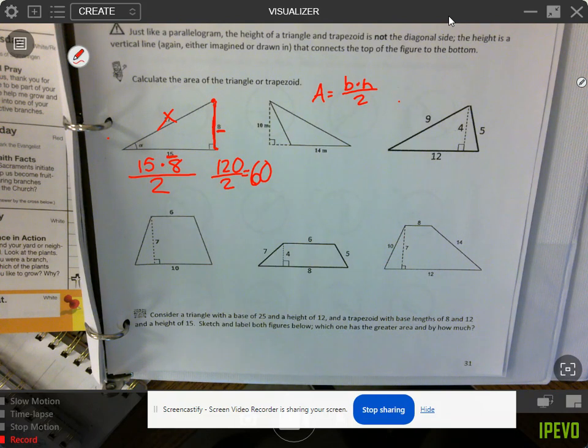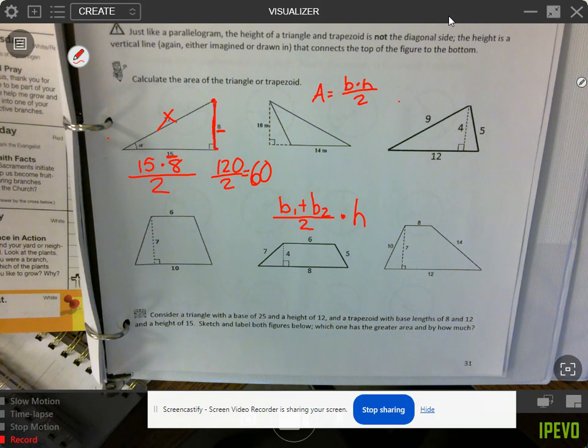The trapezoid. So what is my formula for finding a trapezoid area? Divided by 2, then we times it by the height. So just like up here, we have to multiply by that height, but we're going to do base 1 plus base 2.